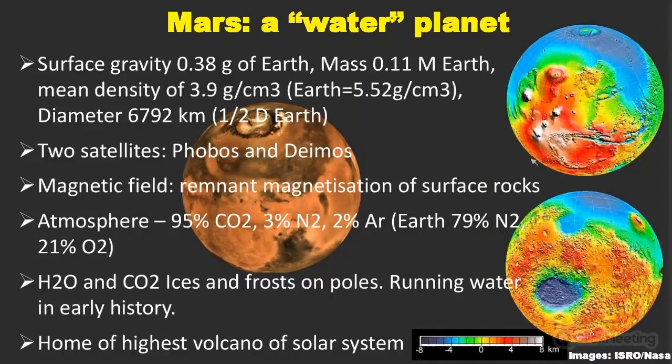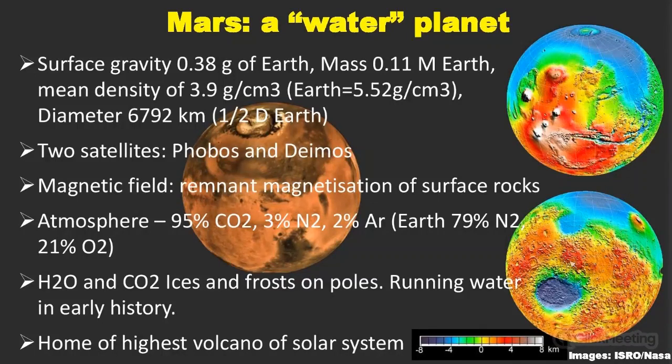On top of that, it shows a dichotomy. As you can see in this topographic map, some are very smooth areas, whereas some are very heavily cratered. This kind of dichotomy needs to be studied in detail.